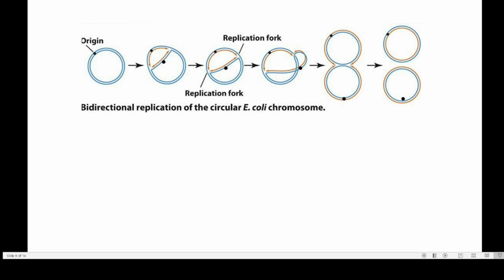The theta structure contains two forks, as can be seen in the figure. This raises an important question. Does one of the forks or both represent sites of active DNA replication?